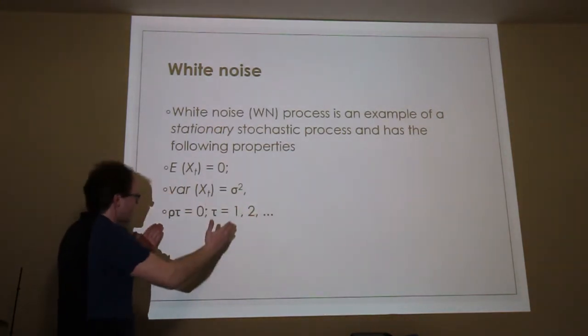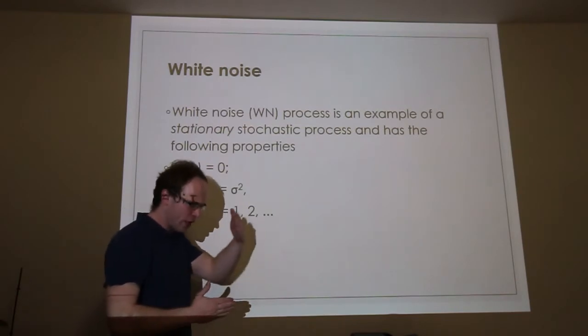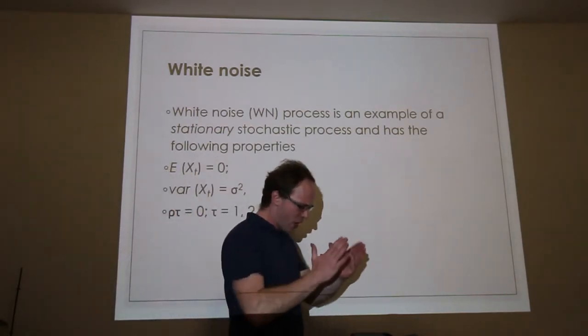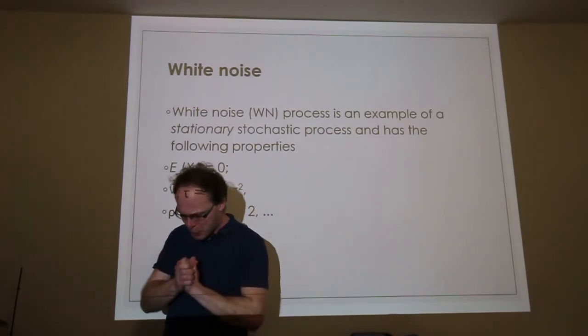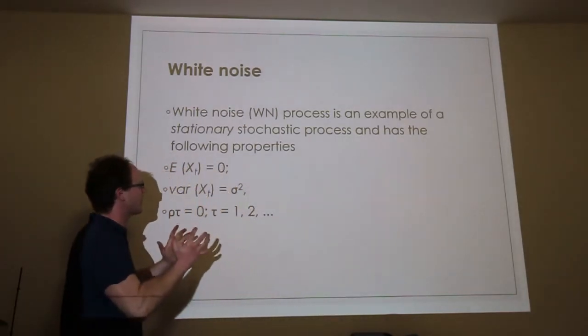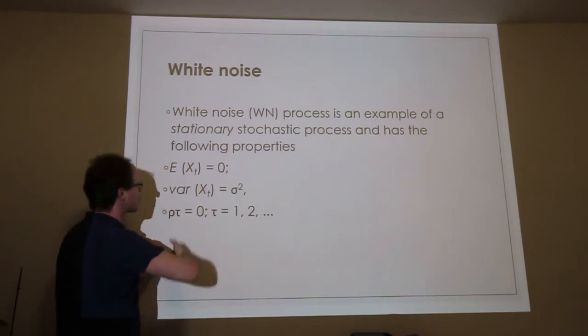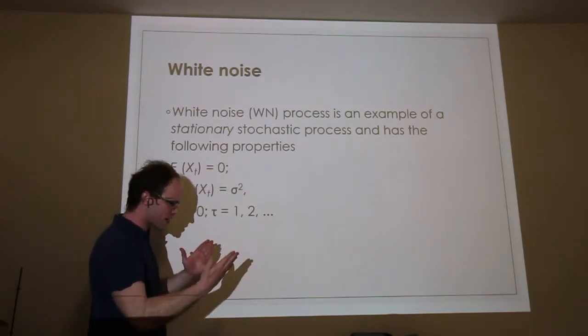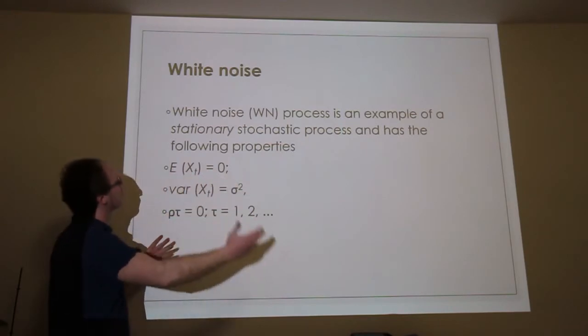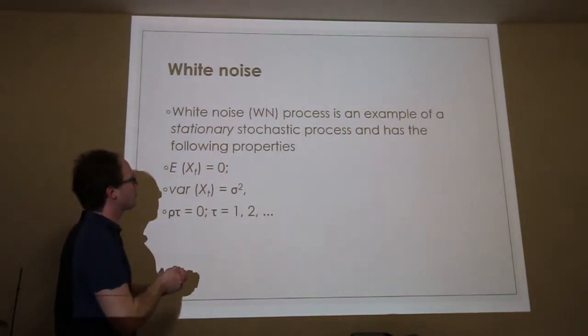And this is no correlation. The values of the white noise process must be absolutely non-correlated. There is absolutely no correlation, absolutely no dependence between any values of this white noise process.